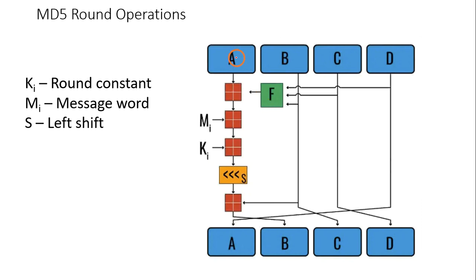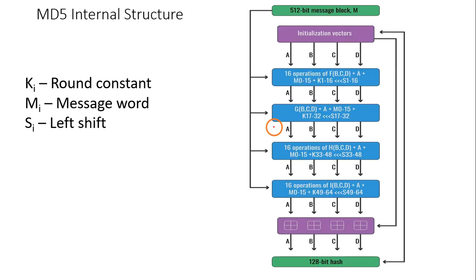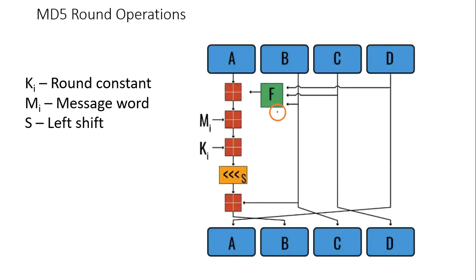Now whatever value we get as input for A is added with the value that is given as output by the function F. If you go to the previous slide, we have a function F. Similarly, in the second round, we have function G, third round function H, fourth round function I. The operations in the function are different for each round.